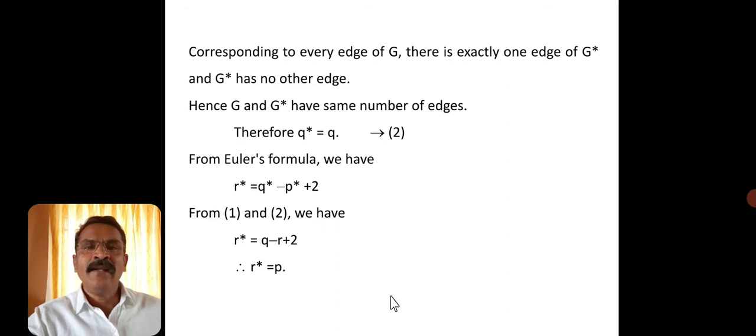What I said: corresponding to every edge of G, for one edge which is common between two faces, you cross that edge and join the corresponding regions by another edge.